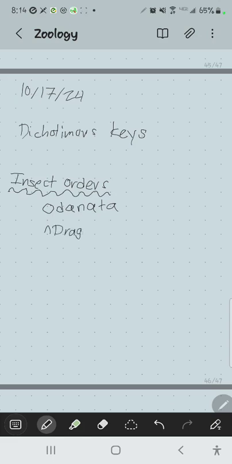Some of the key features for the dragonflies and damselflies is that they have these large membranous wings. So let me see if I can get a little diagram here for you. There you go. So what we have going on here is an organism that has the body segment here.